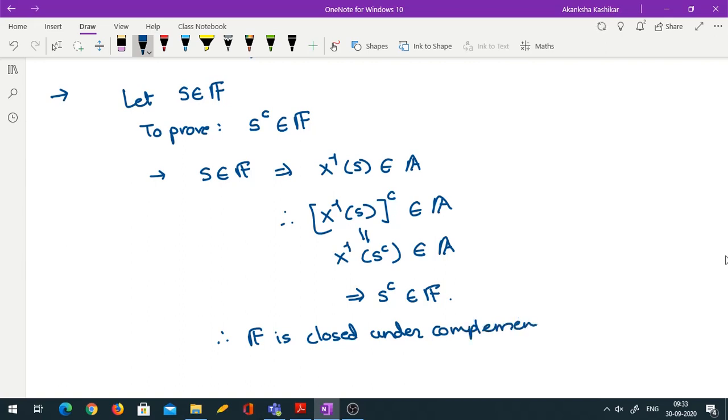We have to now similarly prove that it is closed under countable union.